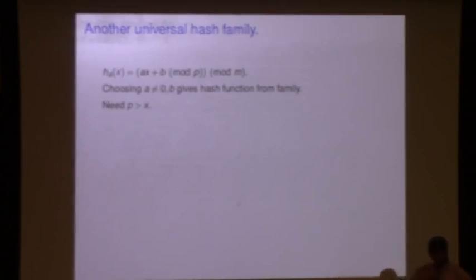It's putting x in a random position between 0 and p. Okay? When you multiply by a and then you add b, you're sort of taking x wherever it was and moving it around a little bit. Okay? And the last thing is just bucketing, mod m. You're putting the 0th and the mth and all those items together. Okay? So m is the size.